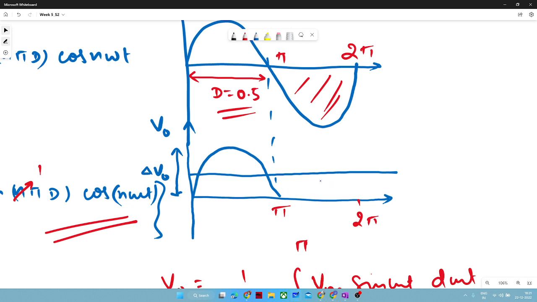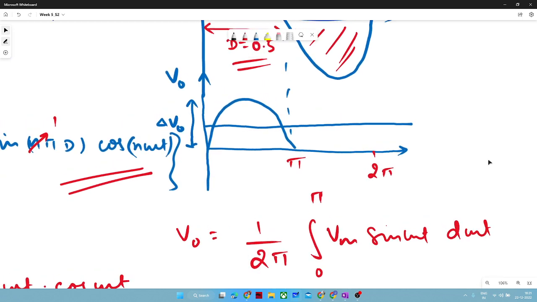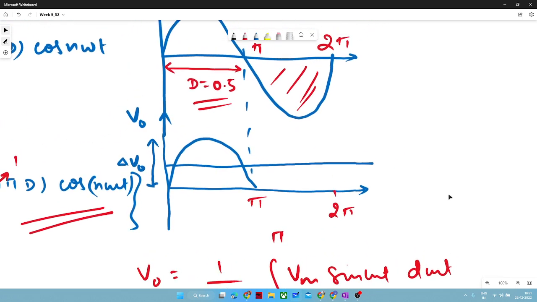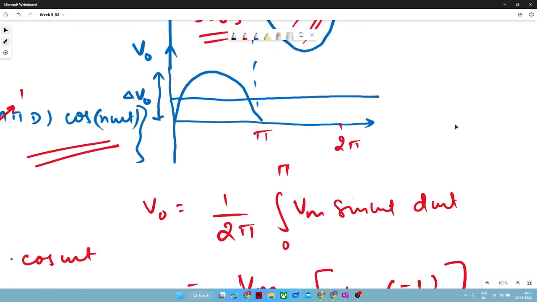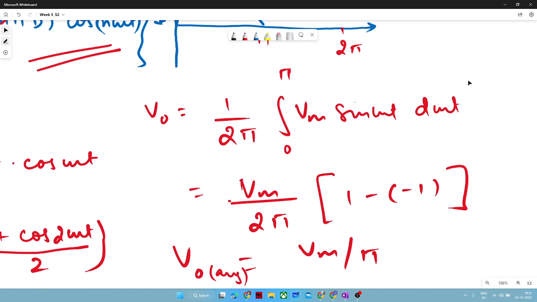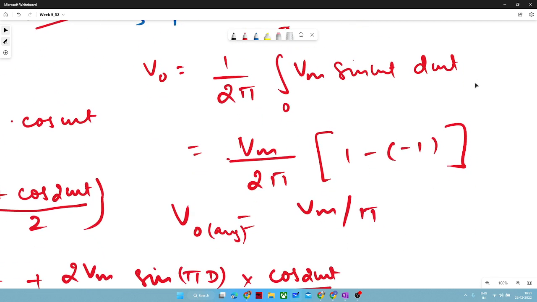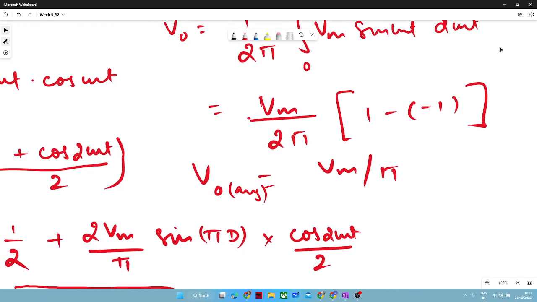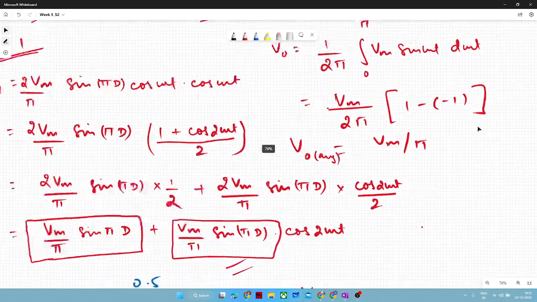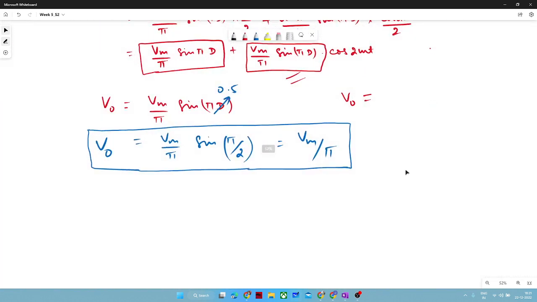That might be an issue for many circuits. And your output voltage is also very low at Vm by pi. If you have studied the full wave rectifier, you will get output voltage 2 Vm by pi. That we will see in the coming session.